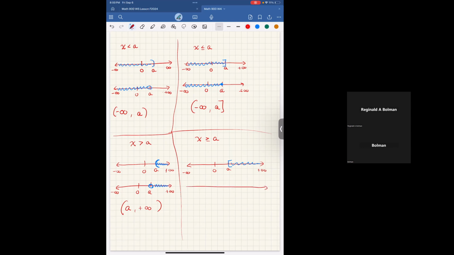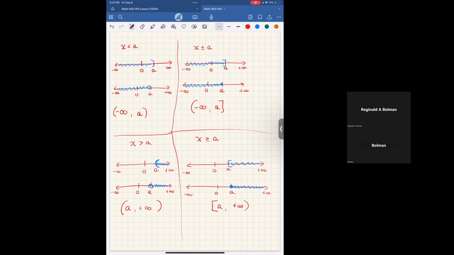Additionally, you'll have a line from negative infinity to positive infinity, 0, a, a closed dot, and shade everything going to positive infinity. In interval notation, you'll have a bracket, an a, because that's your starting point. You're going from a all the way up to positive infinity, and a parenthesis to denote that you can never actually get to infinity.